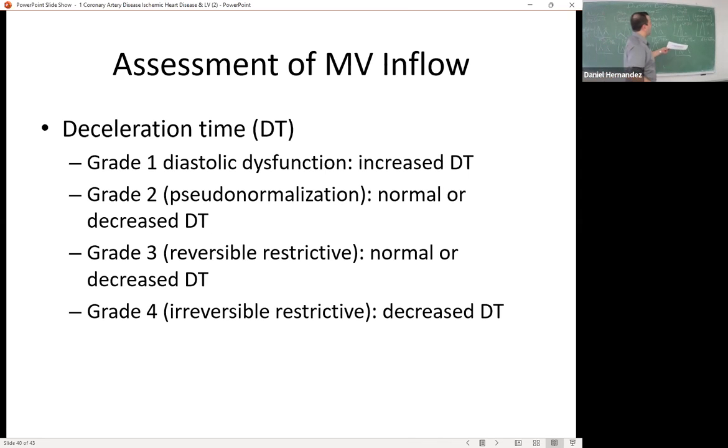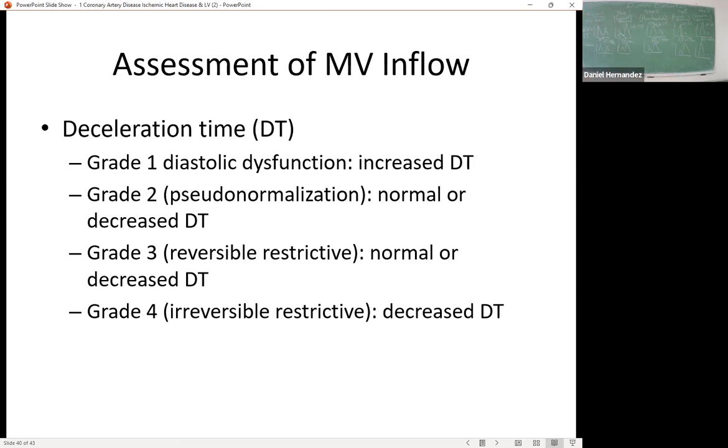So the pressures are still susceptible to our respiratory changes. With irreversible restrictive diastolic dysfunction, when the patient Valsalvas, we don't get any change to that E and A wave. So with Valsalva, we have a very high E and still a small A. So that's one way we can differentiate whether a patient is in stage 3 or stage 4, with that Valsalva maneuver.